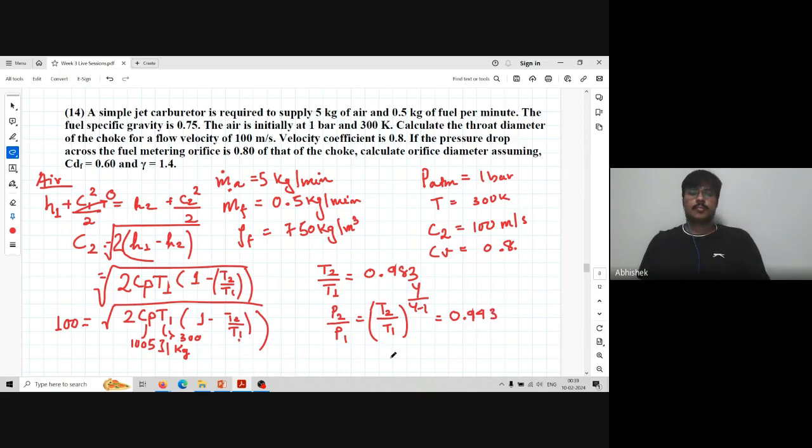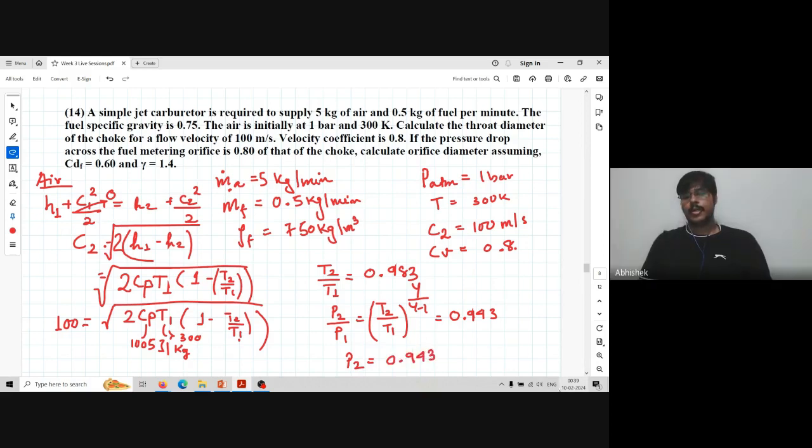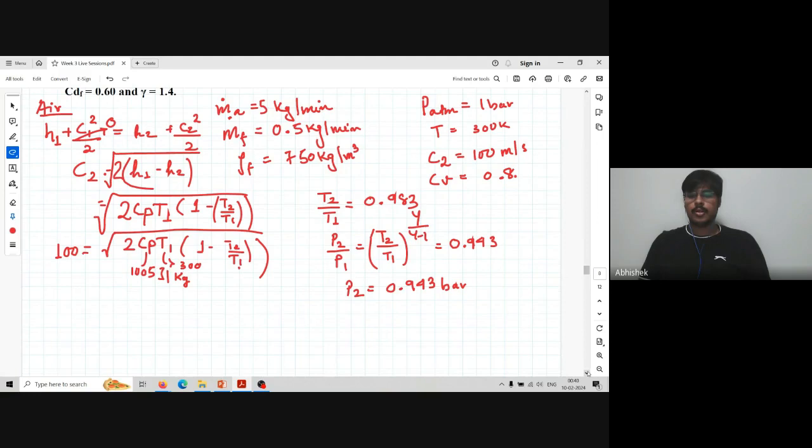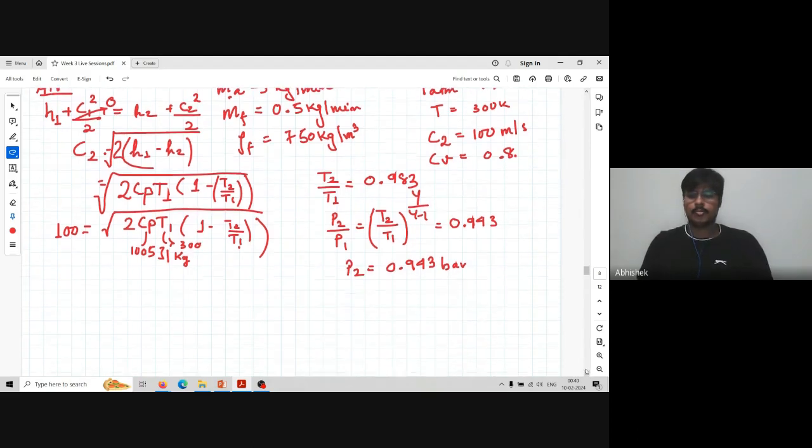Are you getting this much? P2 is 0.943 bar because P1 is 1. So we get P2 is equal to 0.943. What will P2 do now? You tell me. Why did we calculate P2?